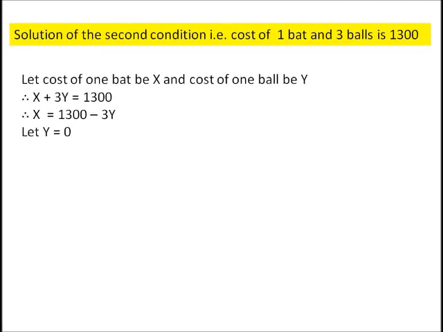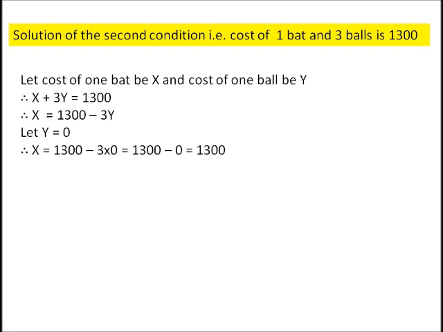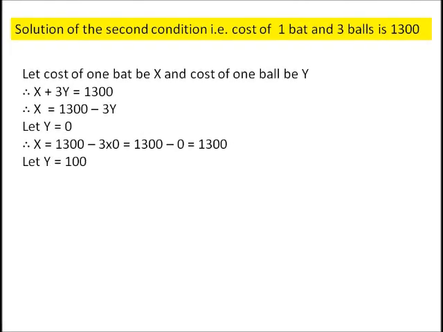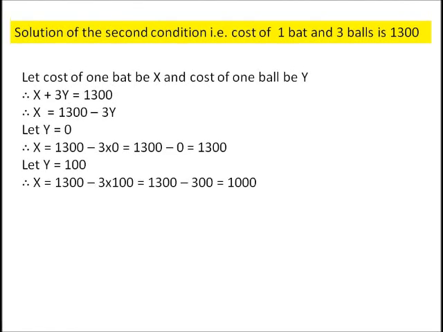Let y is equal to 0. Therefore, x is equal to 1300 minus 3 into 0, that is equal to 1300. Let y is equal to 100. Therefore, x is equal to 1300 minus 3 into 100, which is equal to 1300 minus 300, so that is equal to 1000.